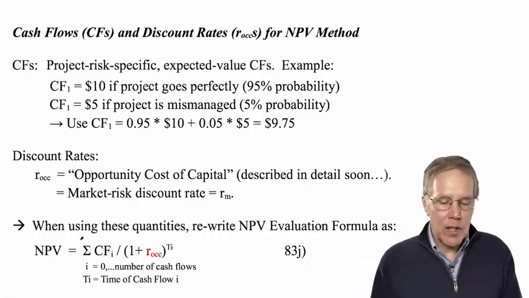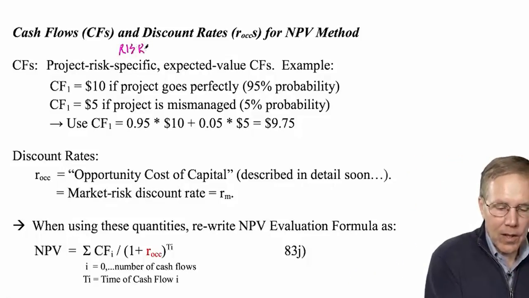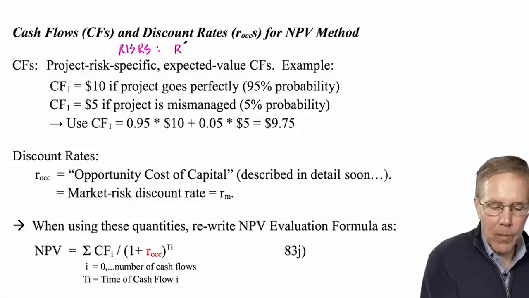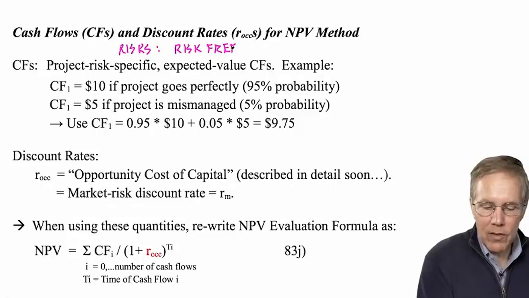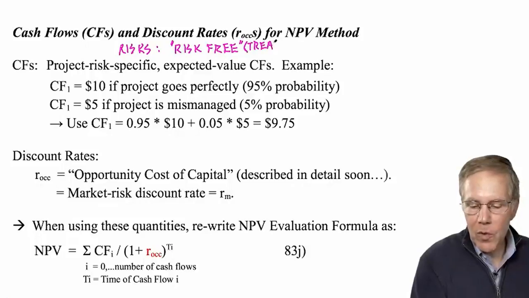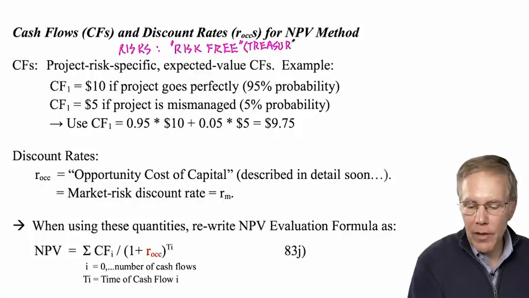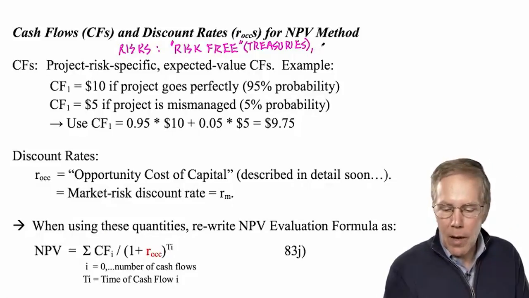We want to consider, in general, the risks that include risk-free risk. That sounds like an oxymoron. That's really the risk of U.S. Treasuries. And there is some risk there, right? Inflation and other things like that are built into there, even though we call it risk-free risk.